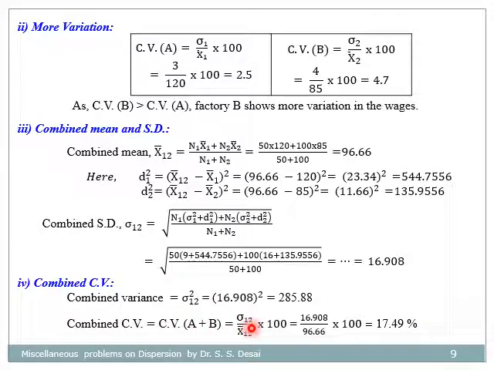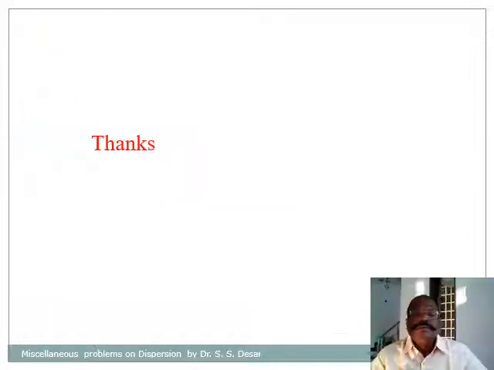And combined CV is going to be sigma 1 2 divided by x bar 1 2 into 100, that is equal to 16.908 divided by 96.66 into 100, that is 17.49%. So this was about an important topic from your statistics paper number 1, known as dispersion.